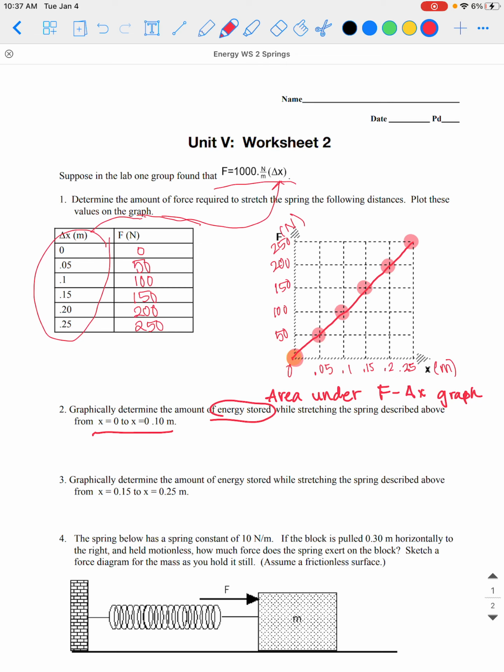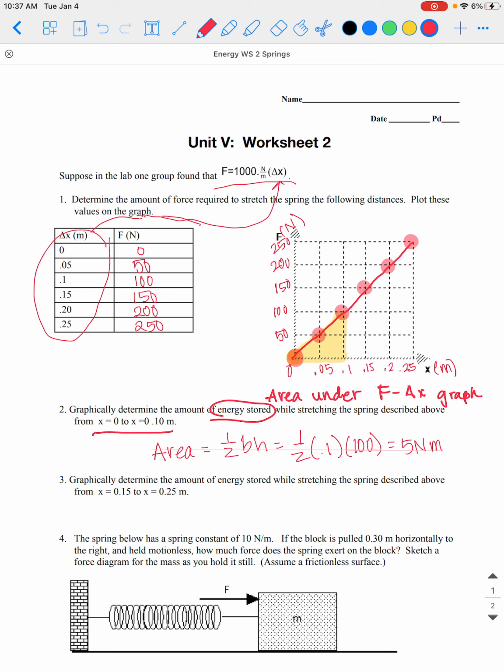I am going to highlight just that area between 0 and 0.1, and it's a triangle, and you all know how to find the area of a triangle. The area is equal to 1/2 base times height, which in this case is 1/2 times 0.1 times 100, and that gives you 5 newton meters.